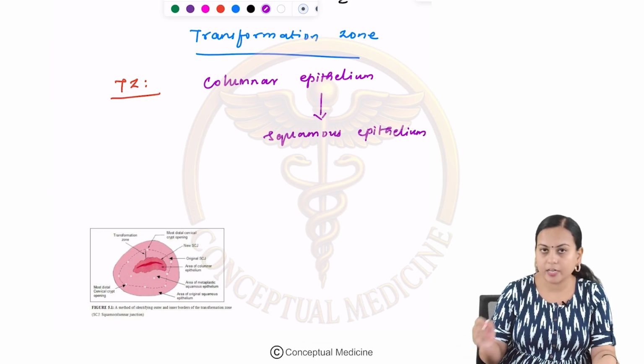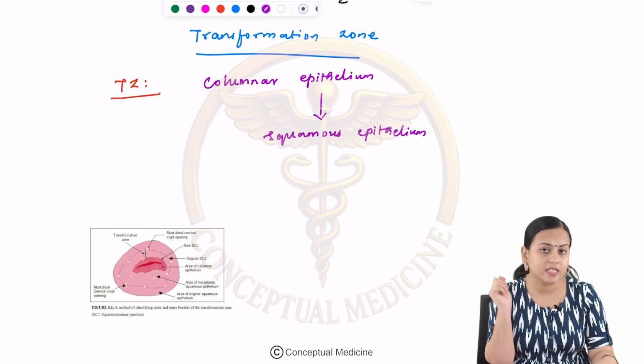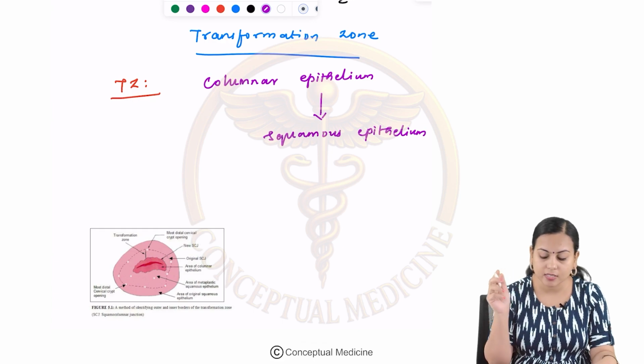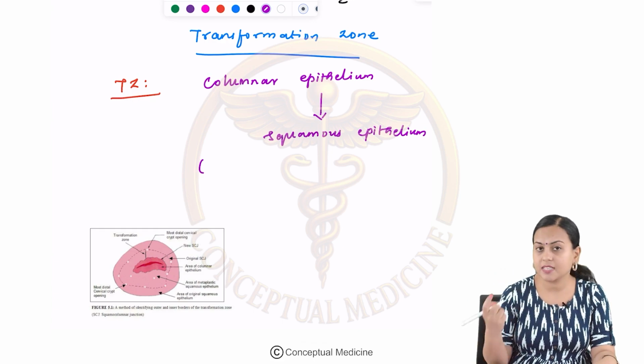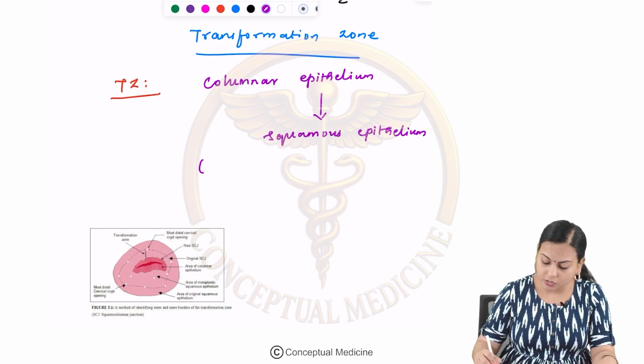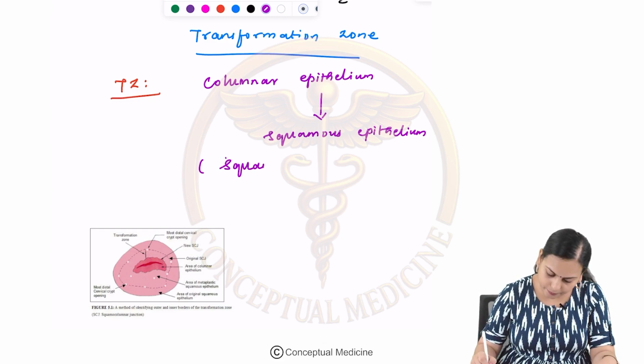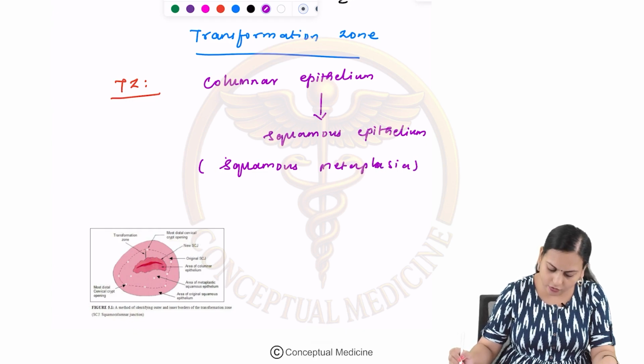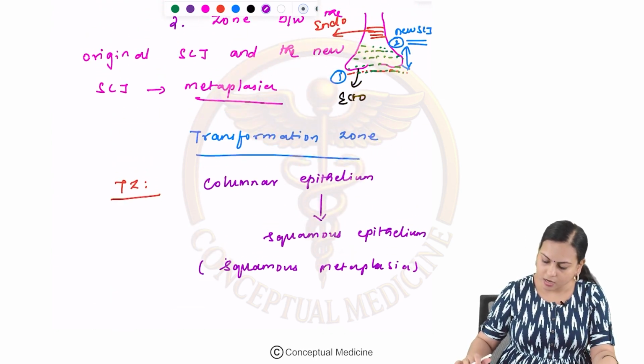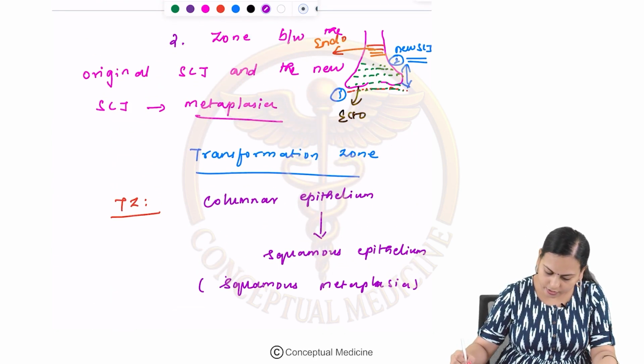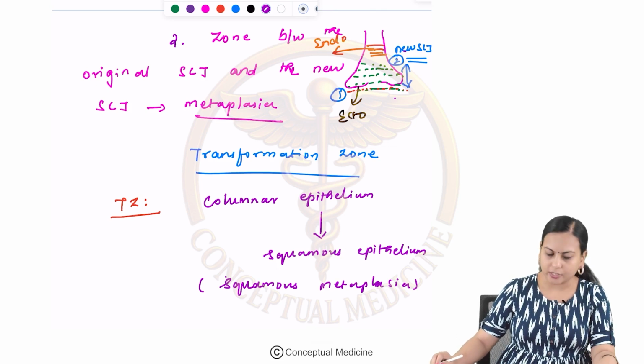That means one type of epithelium is replaced by another type of epithelium. So, this is only known as metaplasia, and what metaplasia has happened here? It is a squamous metaplasia. Okay. So, this corresponds to the area of the cervix that is bound by the older squamocolumnar junction and proximally by the new squamocolumnar junction.